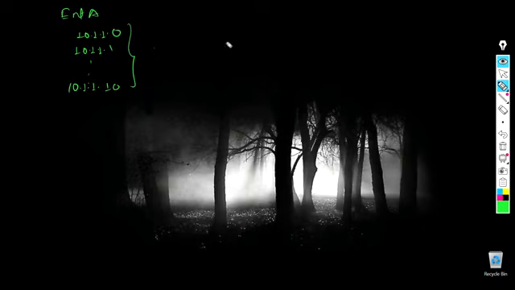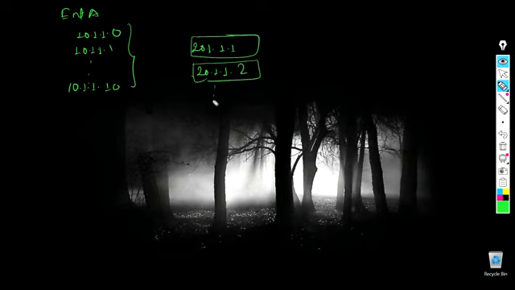Now we have a reserved pool of 5 IP addresses. It could be like 20.1.1.1, 20.1.1.2, continuously, up to 5 IP addresses only, 20.1.1.5.